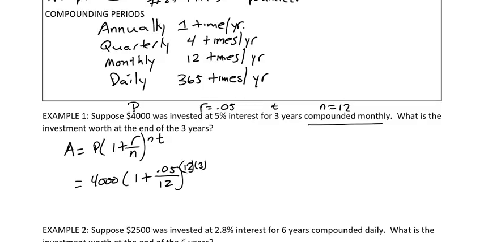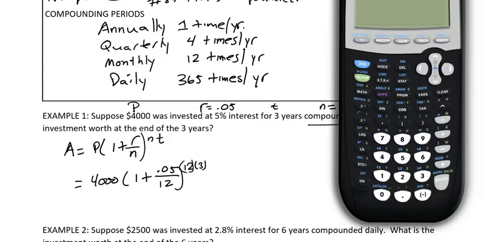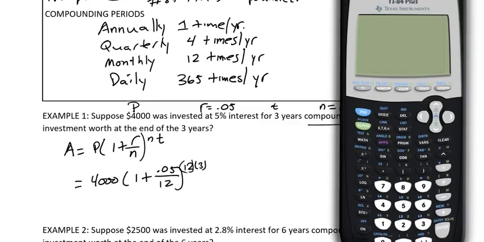And when we plug that into our calculator, 4,000 and 1 plus 0.05 divided by 12 to the 12 times 3 power.